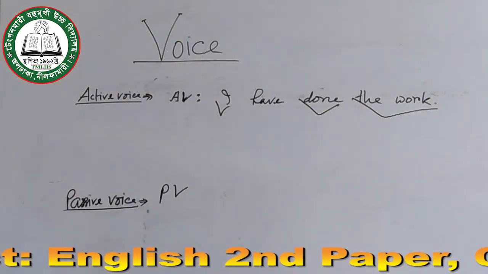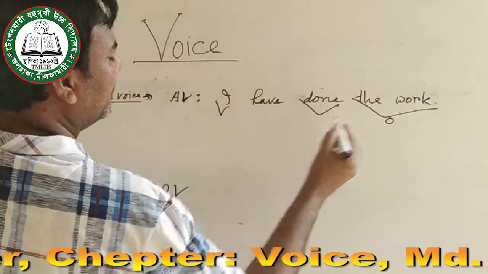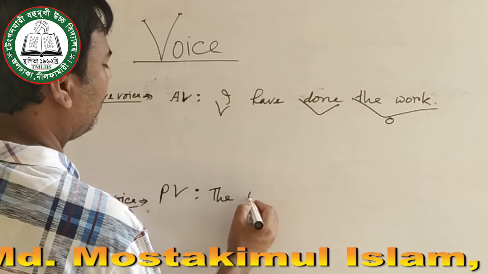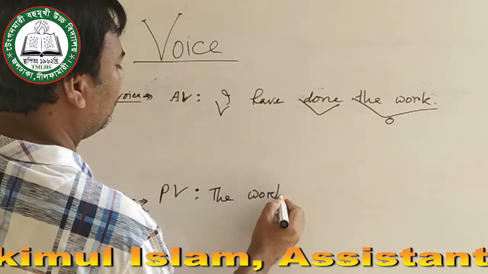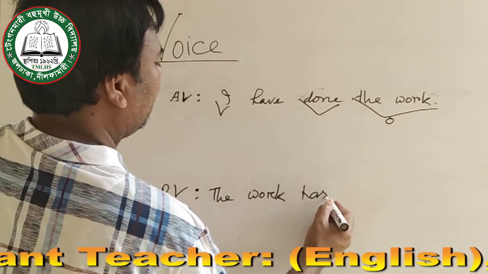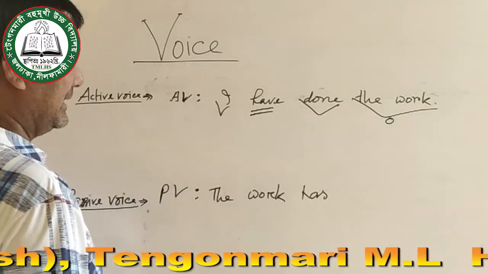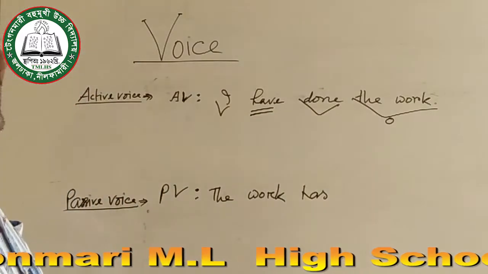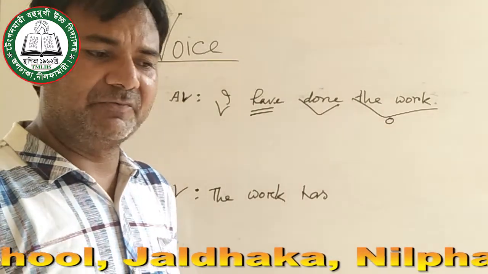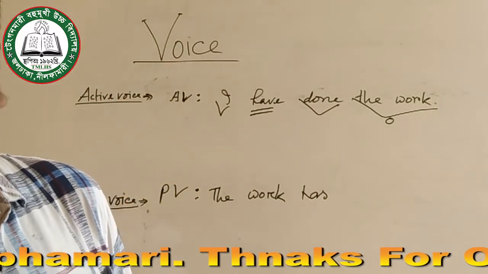So okay, my dear student, look at here, it is object, so we should set up here the word has, here is have, but here is has. We usually use have after first person or second person, or if the subject is plural.